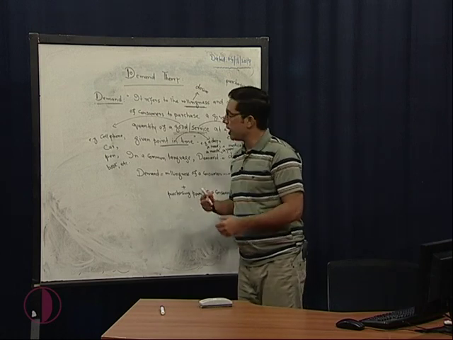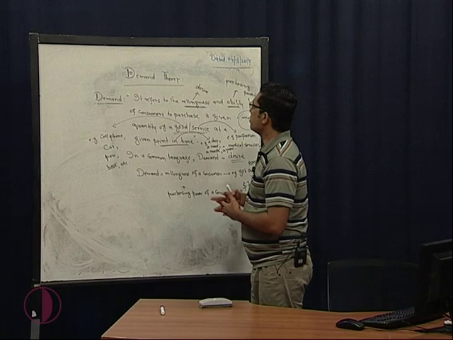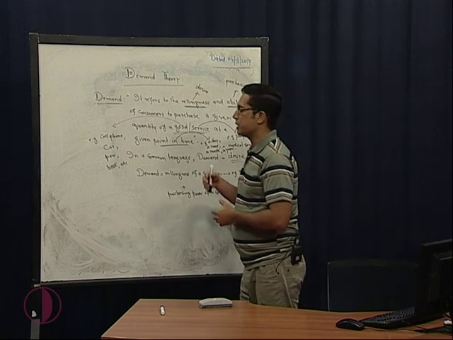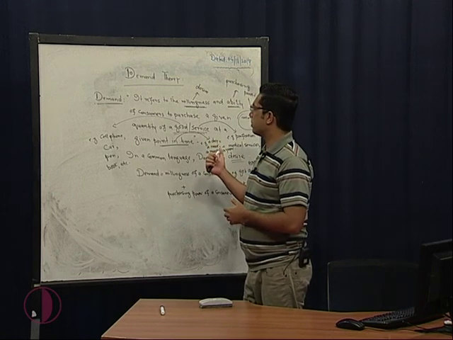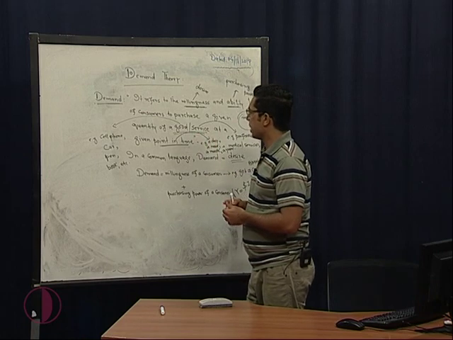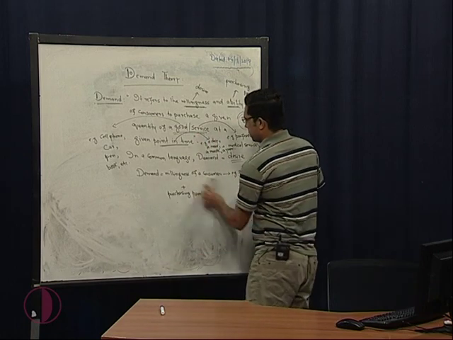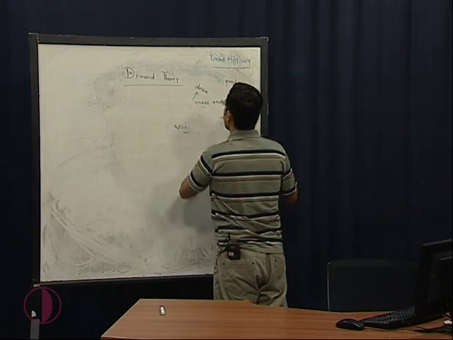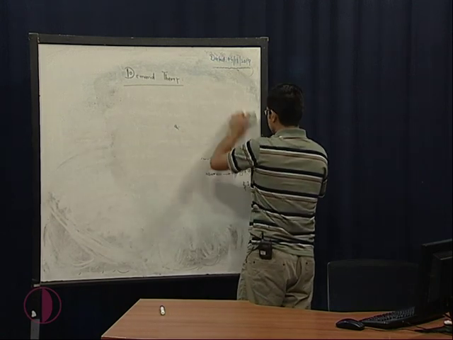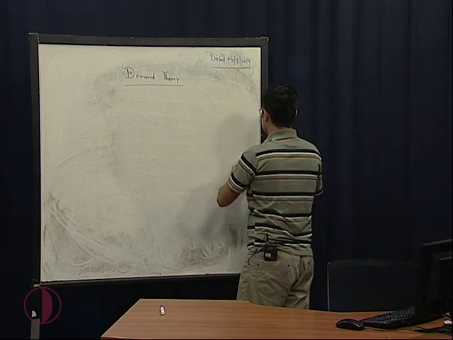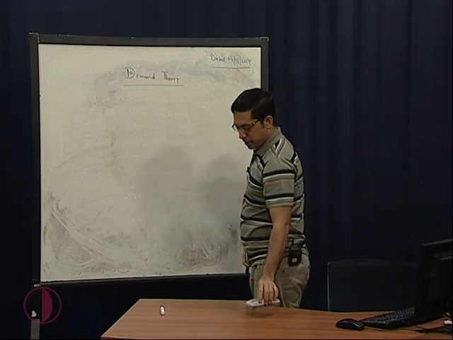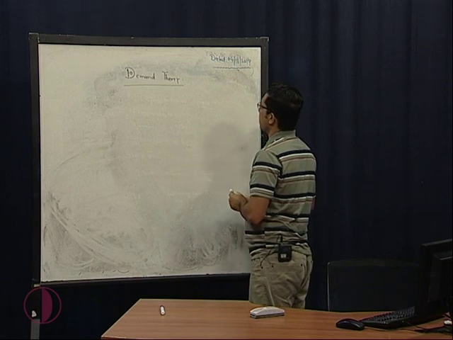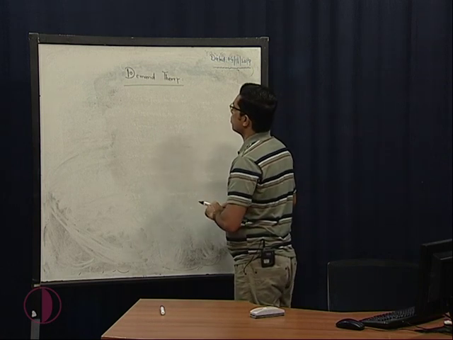But as we know, there is an inverse relationship between the price of a commodity and the quantity demanded by a consumer. So, we have experienced that as the price of a commodity goes up, the quantity demanded for that particular commodity goes down.